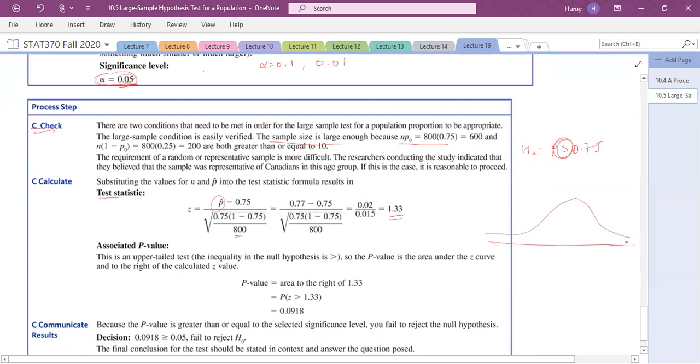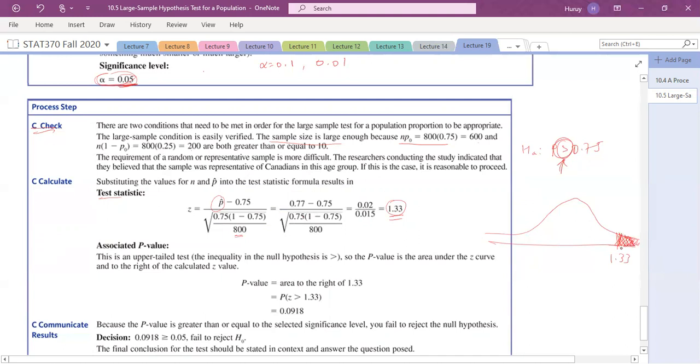So if we draw the normal curve, our z value is 1.33. Suppose this is 1.33. And since the sign is greater than, I need this area, greater than 1.33. Now the question becomes, how do we find this area?